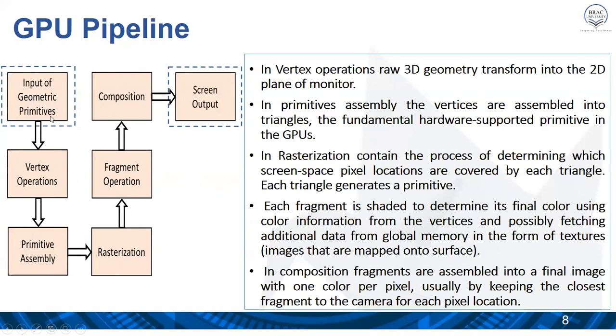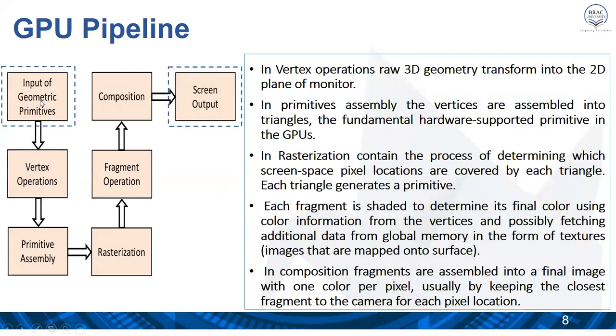Primitives means a specific region of the whole image on a particular plane or space or surface. And vertex operations mean the raw geometry is transformed into the plane of the monitor. What is a vertex, basically?